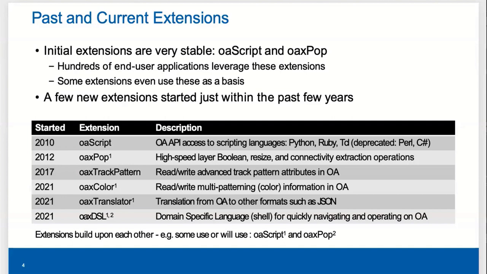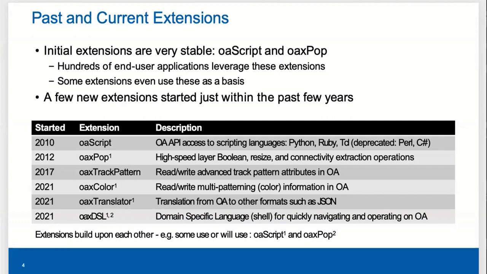The initial few extensions that came out, the first two rows here on the table, were OA script and OAXPOP. OA script is really important because it provides an interface to open access without having to write C++ code. I think Rob mentioned in his presentation that it enables this rapid prototyping type of capability.